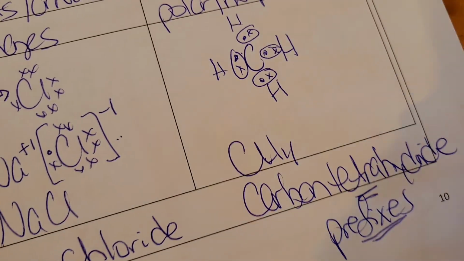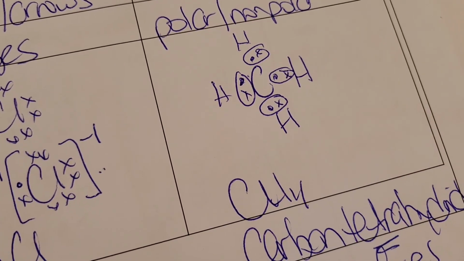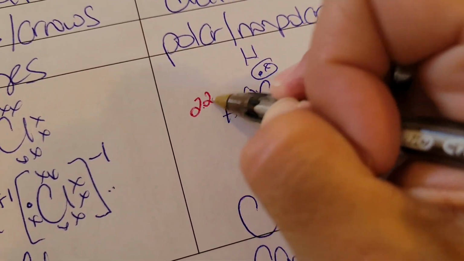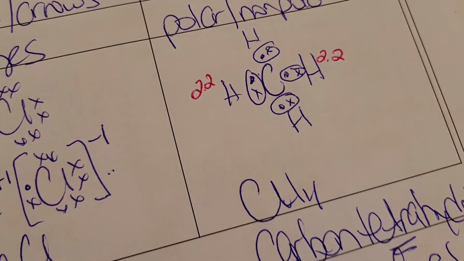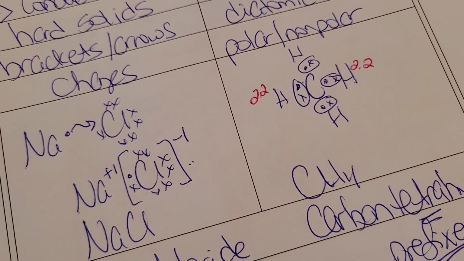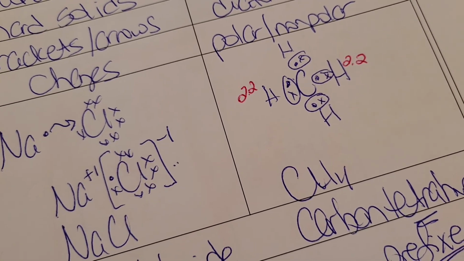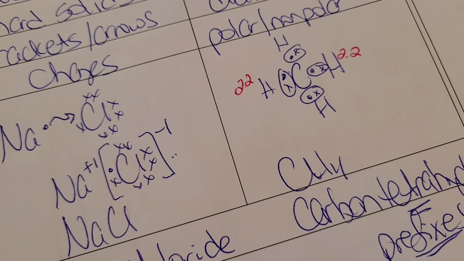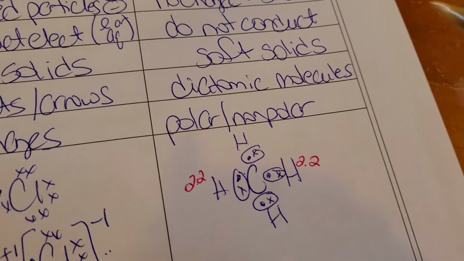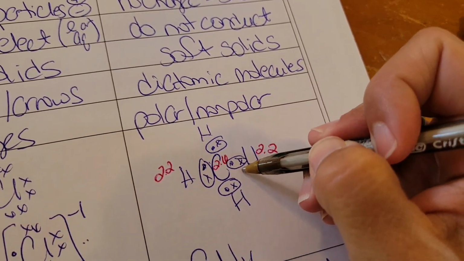And then as far as our polar and nonpolar, if we look up what their electronegativities are, hydrogen we know is 2.2. Carbon is, I think, 2.6. Yeah, carbon is 2.6. So carbon is a little bit more electronegative.